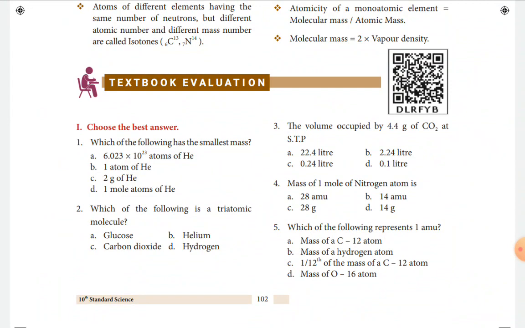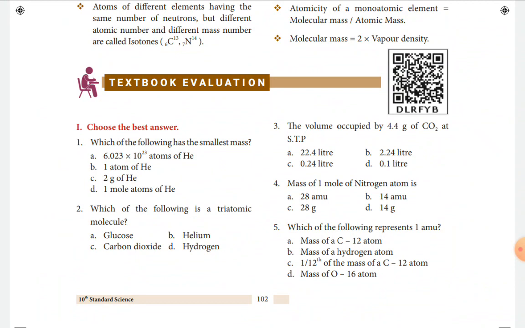You already learned questions like which of the following has the smallest mass, and which of the following is a triatomic molecule. For that, you should know the molecular formula. Glucose, C6H12O6; helium, He; carbon dioxide, CO2; hydrogen, H2.